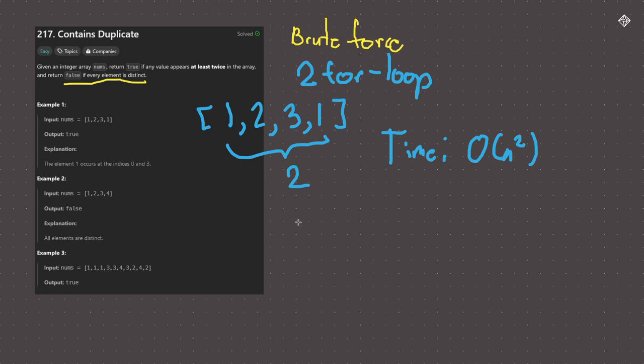So if this was, for example, an array of 10, then because you're looping over it twice, you'd be looping over 100 entries.